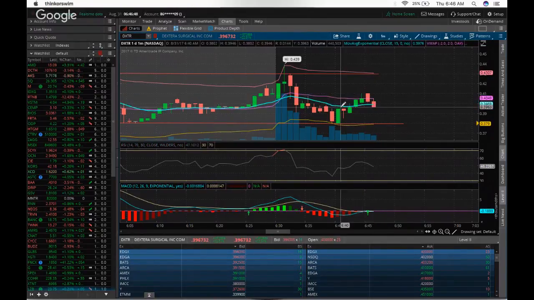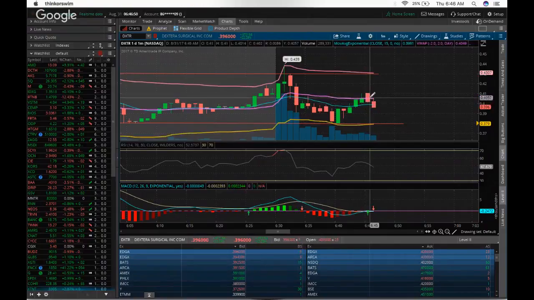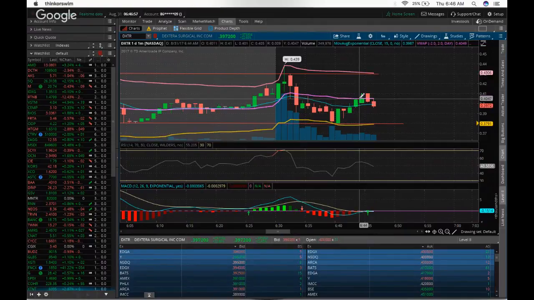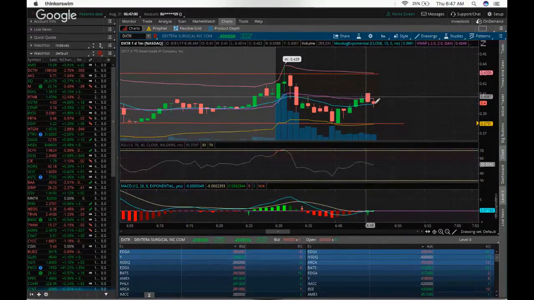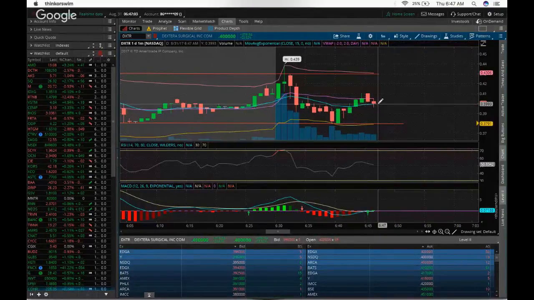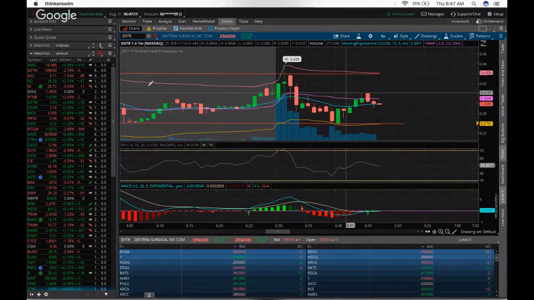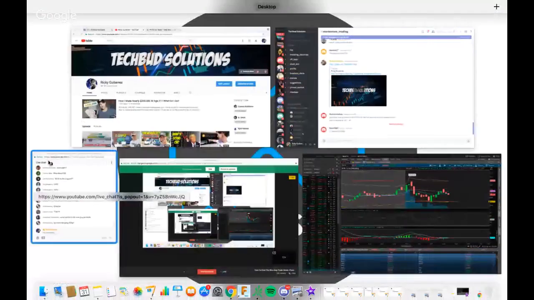There it goes. So that just indicates that the purple VWAP was more of a resistance. Even when it did break above it, it just didn't do a very good job of holding. So it's trying to hold above 40 cents. Not too sure what good of a job it's going to do. Let's go ahead and see what you guys have to say.